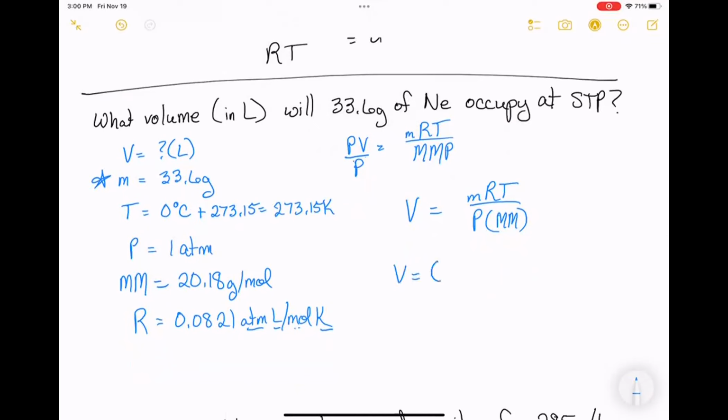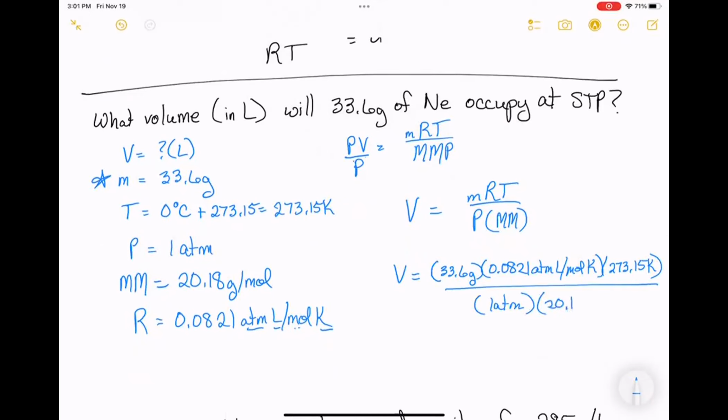So that's the mass, 33.6 grams times R, 0.0821 atmosphere liters per mole Kelvin times the temperature in Kelvin of 273.15 Kelvin, all over the pressure, which was 1 atmosphere, times the molar mass, which was 20.18 grams per mole.